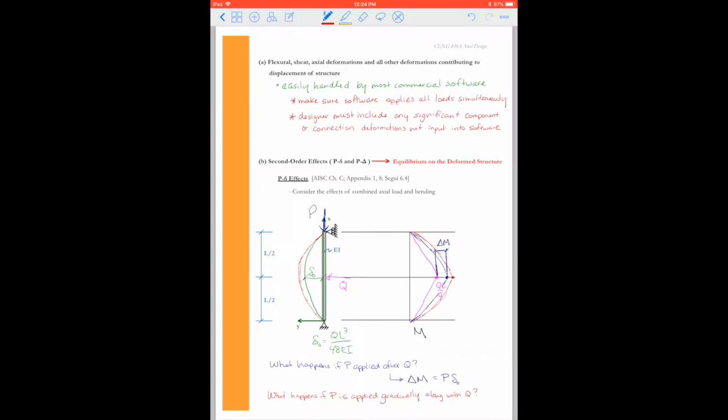So we really end up out here. And this value here is what we need for our design. So this needs to be our ultimate, factored moment that we use. Not the linear one, not just from Q, not just the delta plus the delta M, but the value when we apply these gradually.